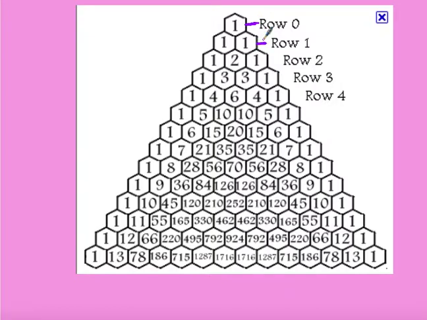So we're not starting at the first row, we're starting at row 0 and then go to row 1, go to row 2, row 3, row 4. So when we're doing our expansions, our exponent is going to be equivalent to the row that we're going to use.